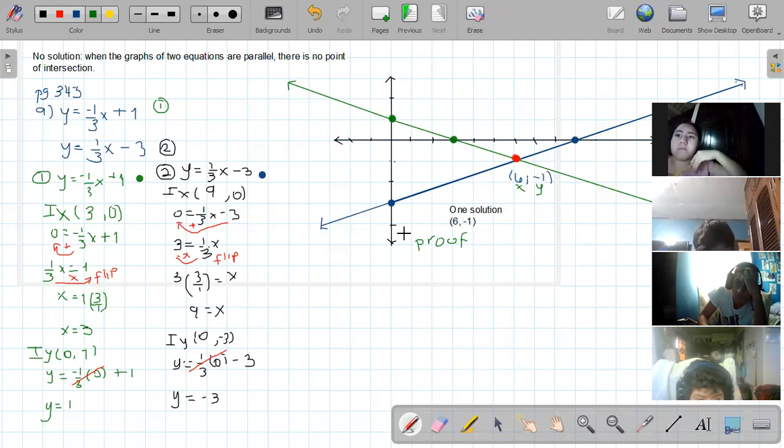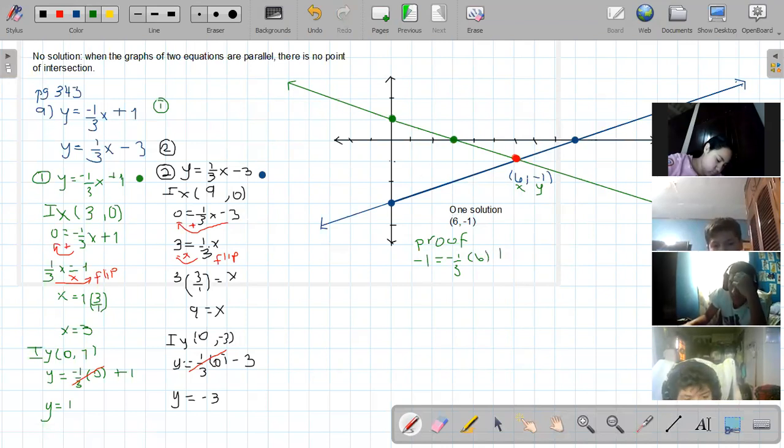So let's do the proof for the first one. y is -1 equals -1/3 times 6, because x is 6, plus 1. Okay, so -1, there's nothing to solve on that side.